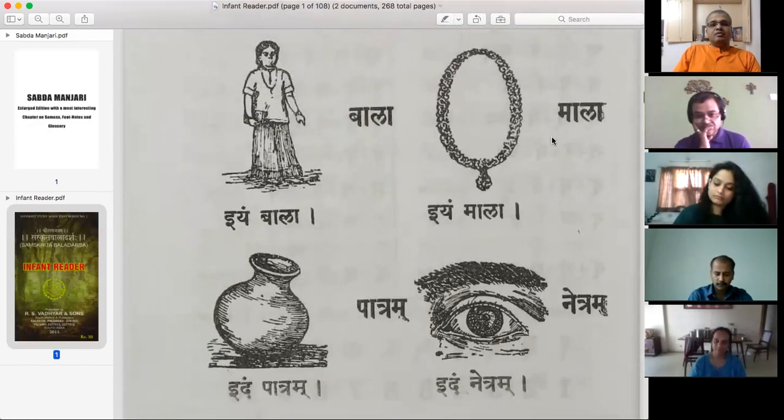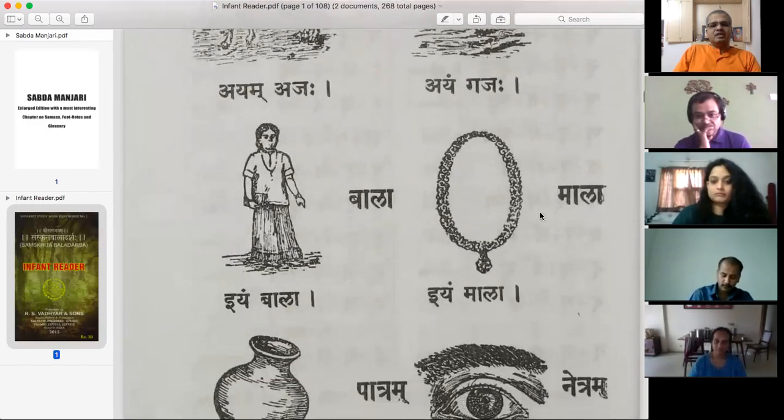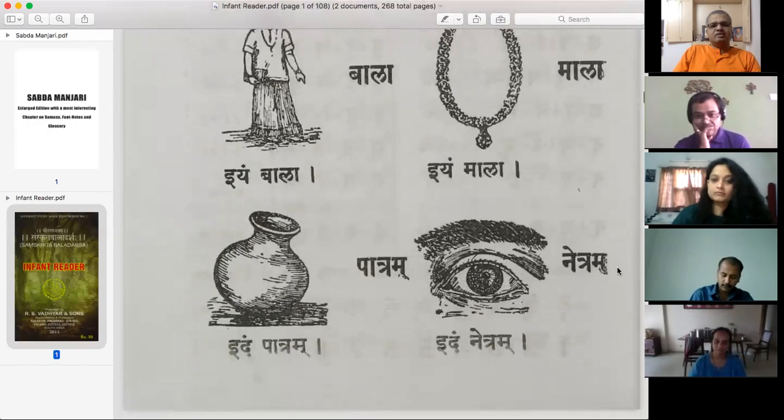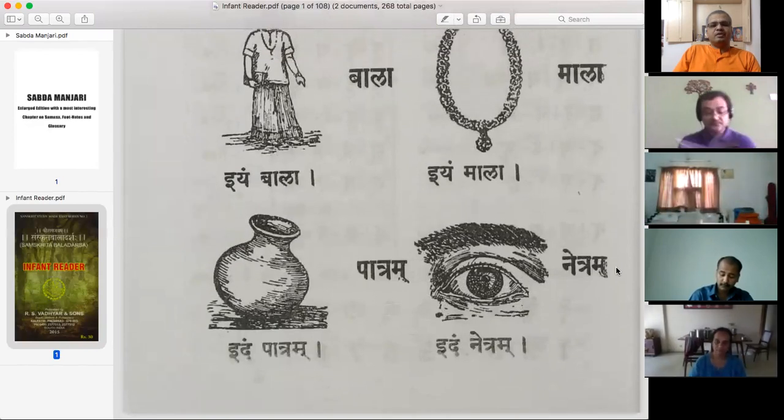Then, first we saw Pullinga masculine, then we saw Strilinga feminine, and now we go into Napumsakalinga. Patram. Netram. Patram means vessel. That is Napumsakalinga.